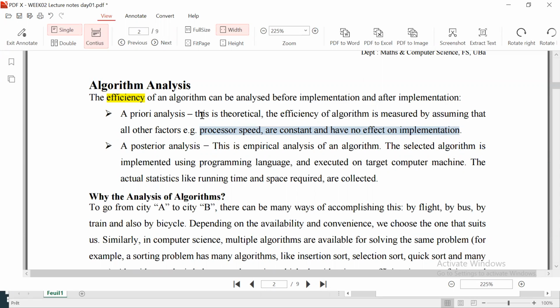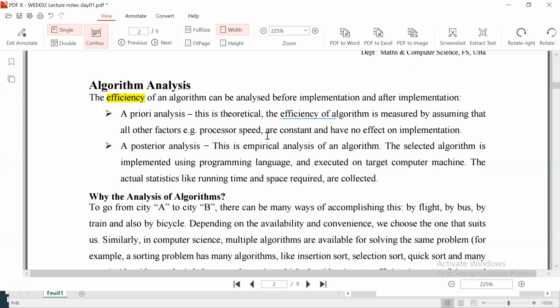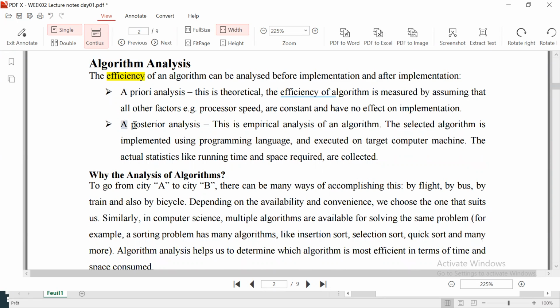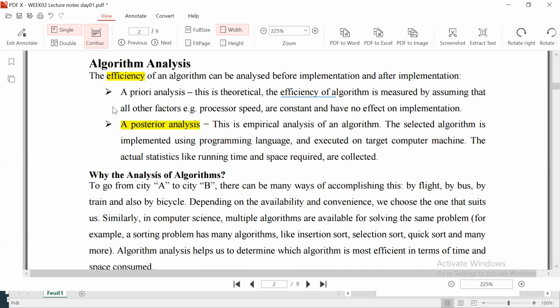So this one is a theoretical approach to estimating the efficiency of an algorithm, because you don't actually run the algorithm, but you do a kind of manual calculation. Okay, then we have the second approach, which means you will need to run the algorithm in a real environment. So the first approach is the a priori approach. The second approach, a posteriori analysis, is where you implement the algorithm in a selected programming language, and then you execute that algorithm on a target computer.